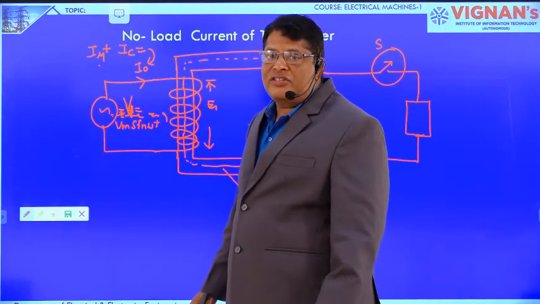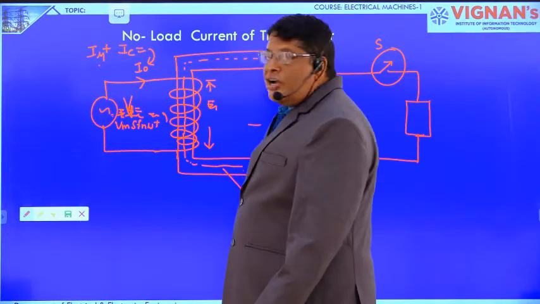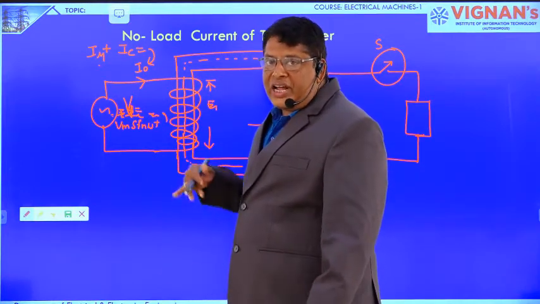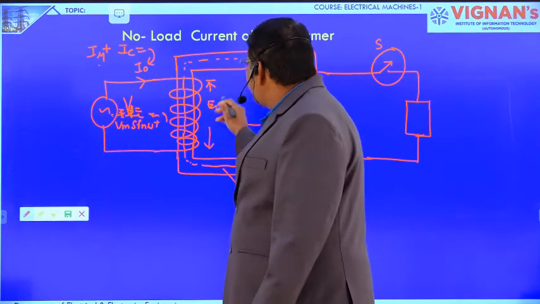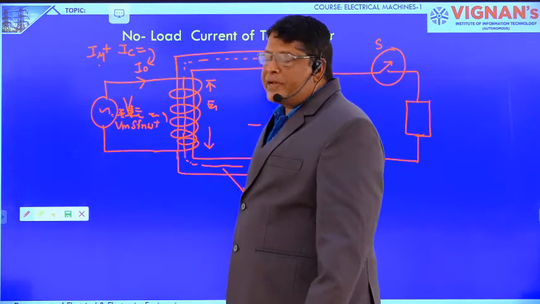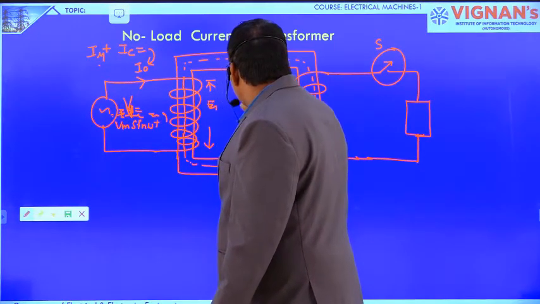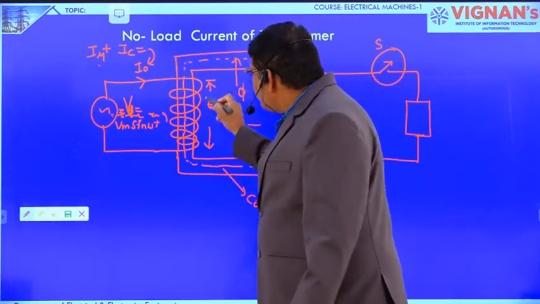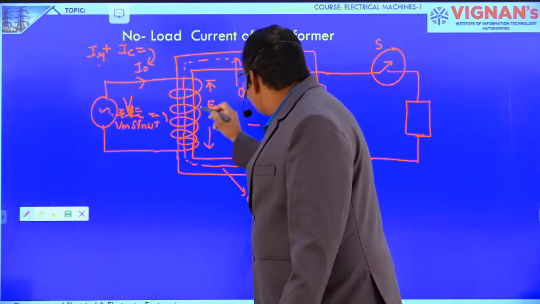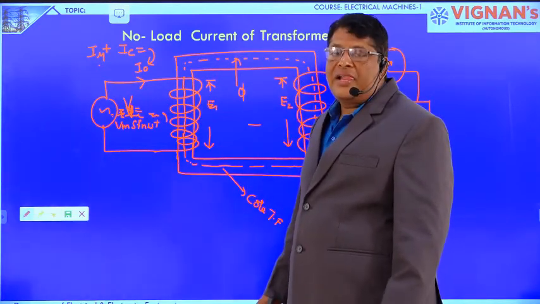In the last class we derived the relation between the flux and E1 and E2. Because of this flux in the core, voltage is induced in E1 as well as E2.